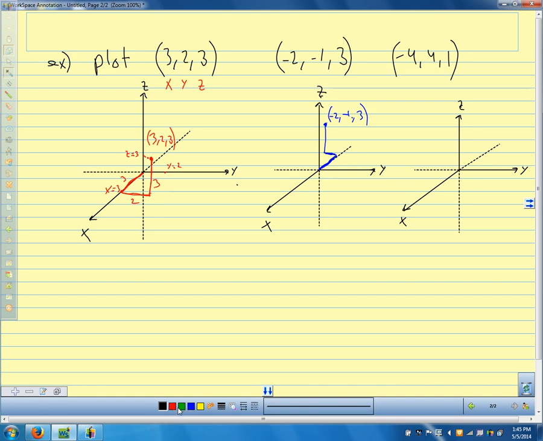I'll do this one in green. So we go 4 units that way. We're going 4 units in the positive y direction, so I go 4 units that way. And then go up 1 unit. So that would be -4, 4, 1.